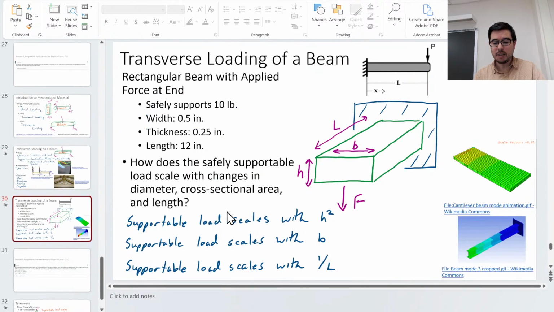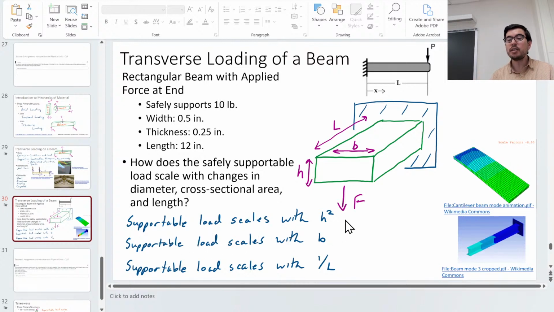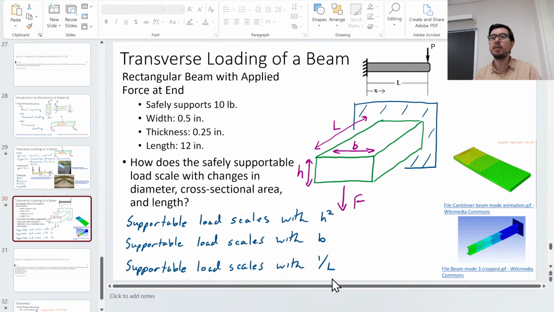Look at this. The supportable load scales with h squared. The supportable load scales with b. The supportable load scales with 1 over L. All the way back in session 1, we said just take this as information. If I make the beam thicker, that helps quite a bit.